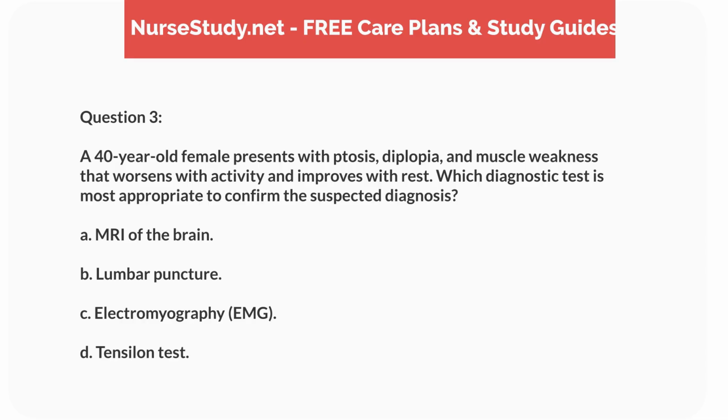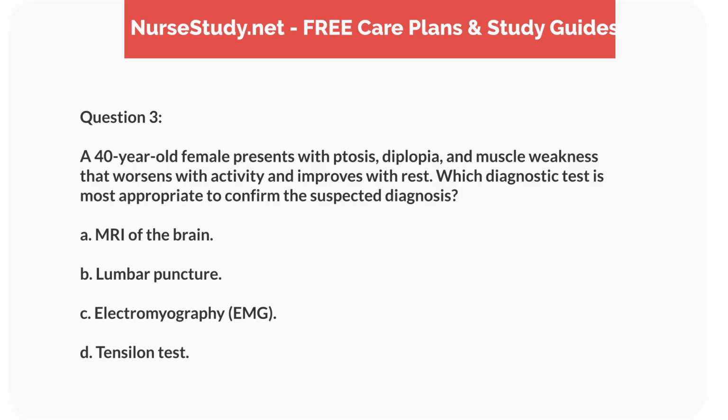Question 3. A 40-year-old female presents with ptosis, diplopia, and muscle weakness that worsens with activity and improves with rest. Which diagnostic test is most appropriate to confirm the suspected diagnosis? A. MRI of the brain. B. Lumbar puncture.